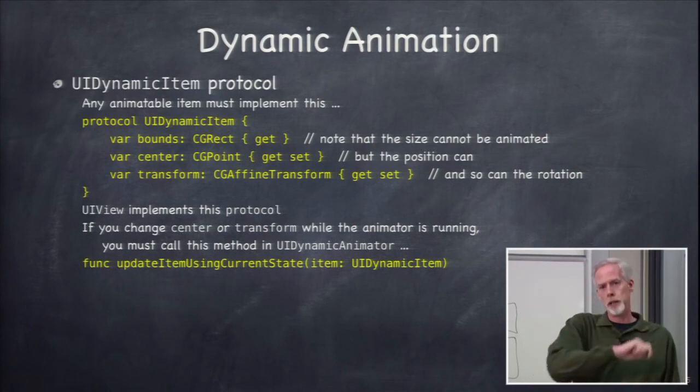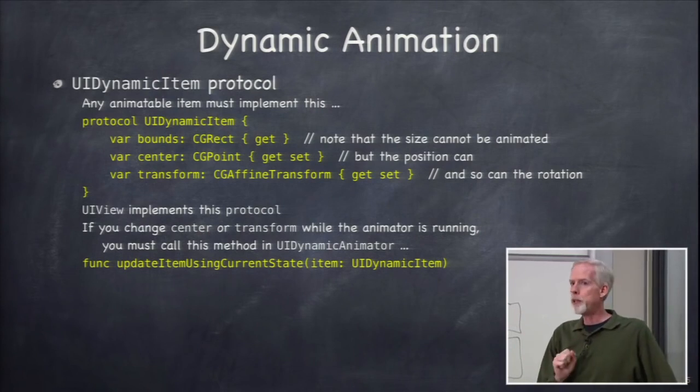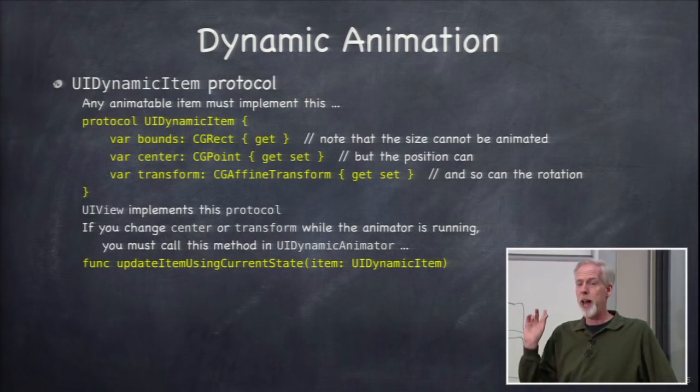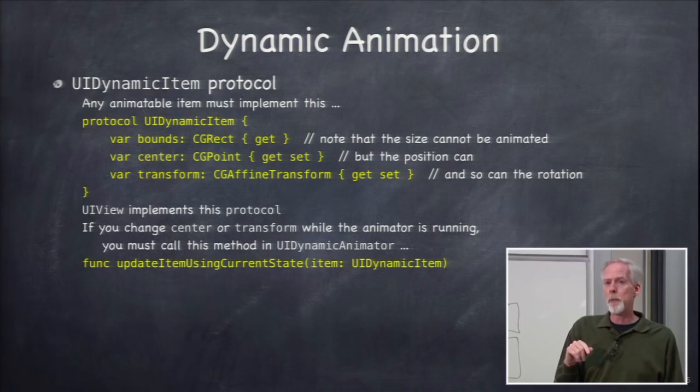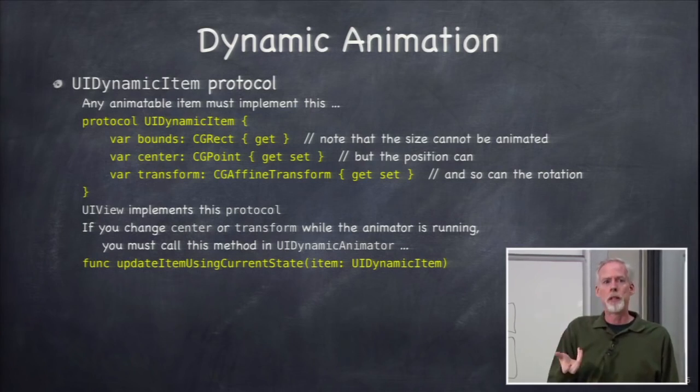You can see animators moving things all over the place. That's most of what they do. And then also a transform, which is an affine transform. Now notice that UIView already had all 3 of these properties, so it didn't even have to do anything to implement this protocol. That affine transform, by the way, is only used for rotation. So basically the animator can rotate the view or it can position it.